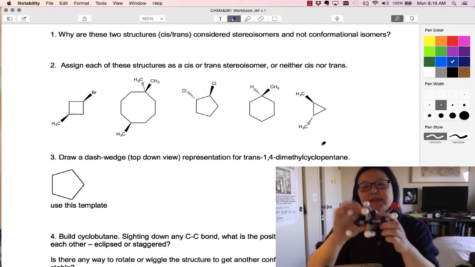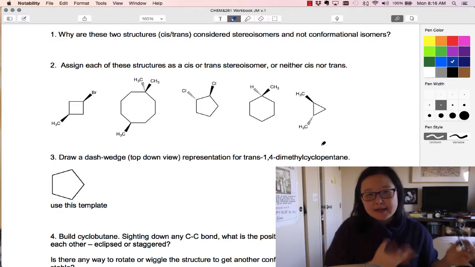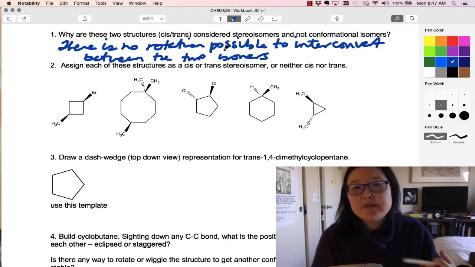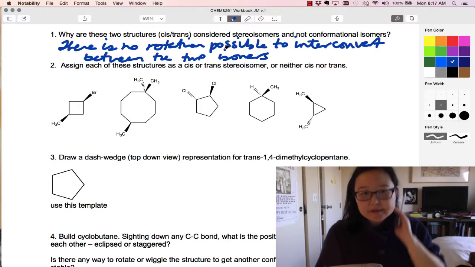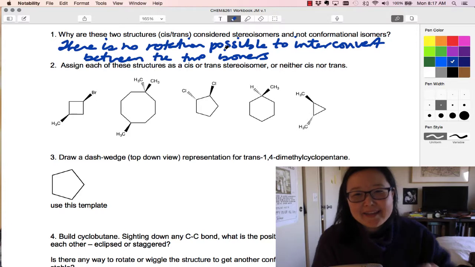They're just always going to have to be on opposite sides. So I would simply say there's no rotation possible to interconvert between the two isomers as we can with the conformational isomers.